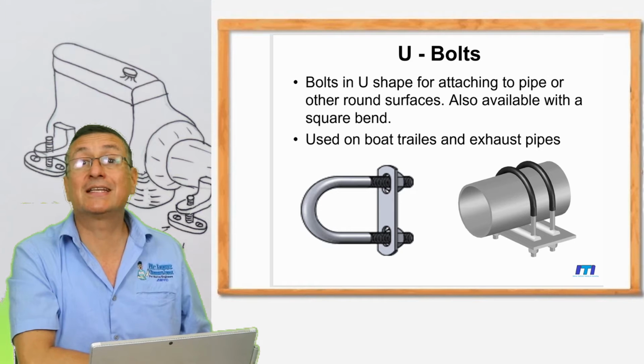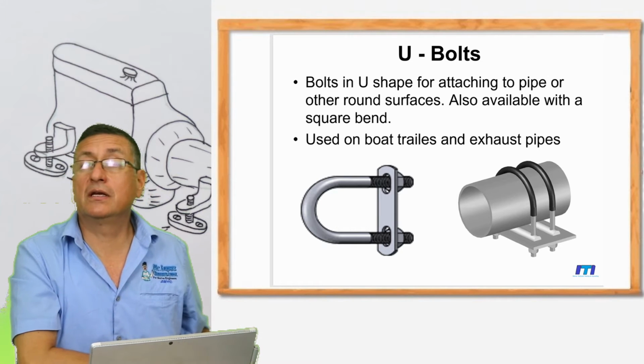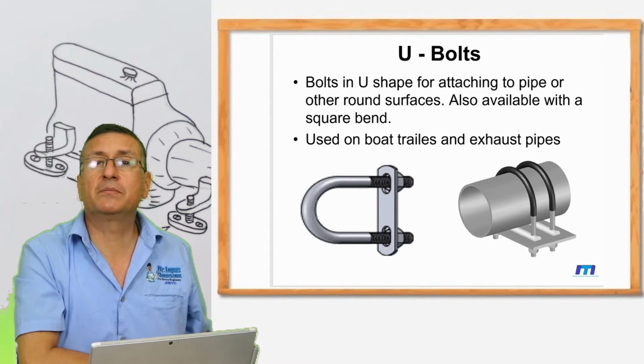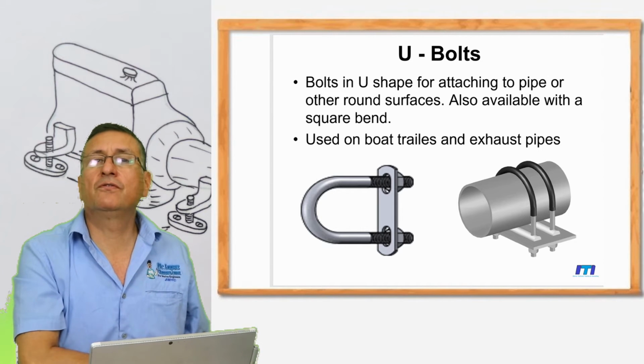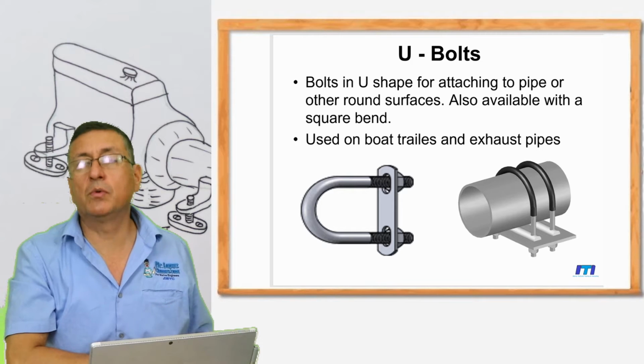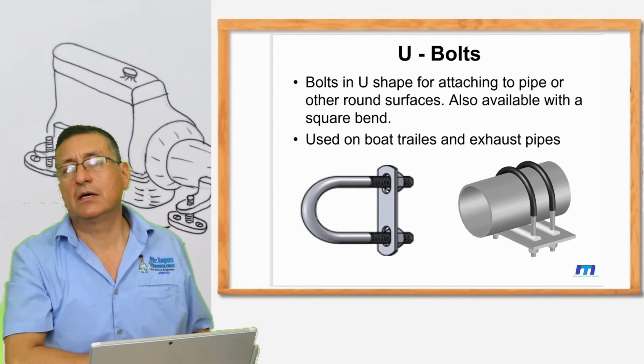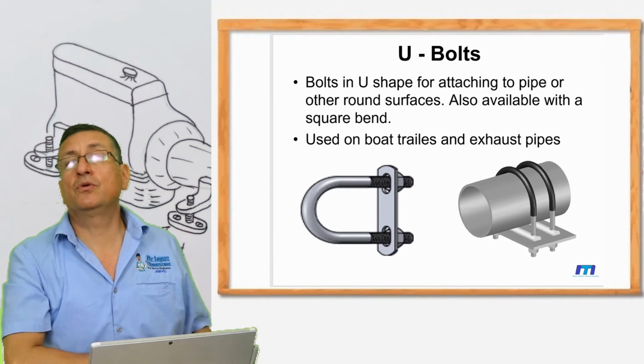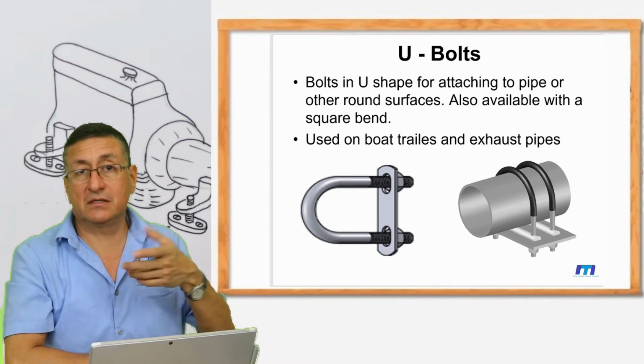U-bolts, you remember, on the trailer, or in your car, in the exhaust pipes. In marine applications, they are used to fix the pipes, fuel lines, hydraulic lines with U-bolts, and also on the trailers. On the trailer, it's common that people use zinc galvanized material.